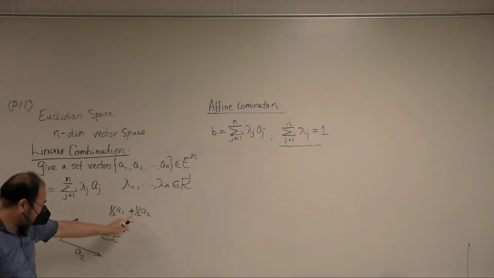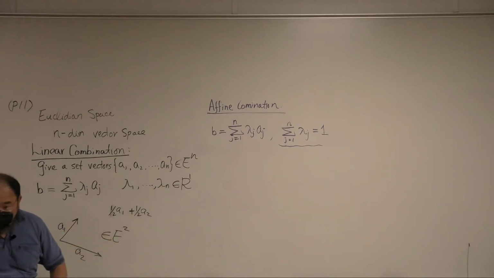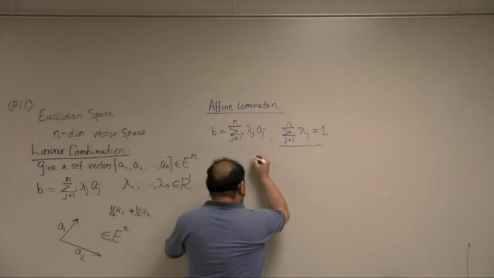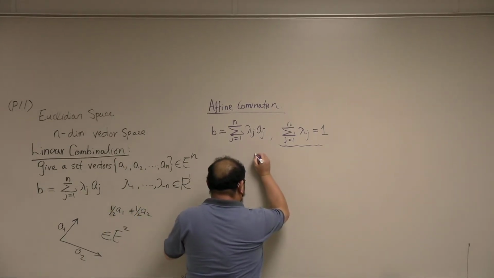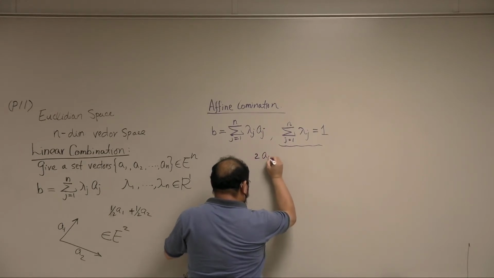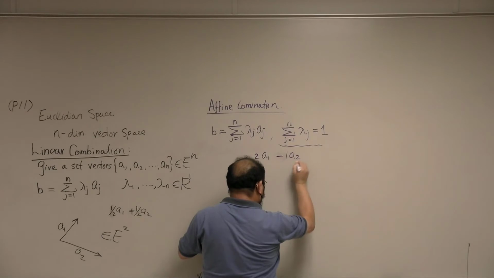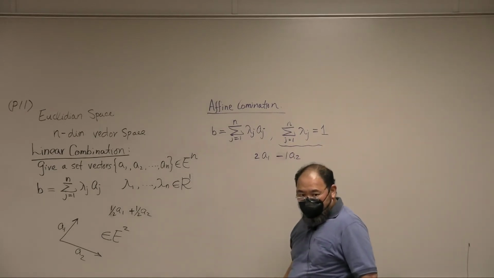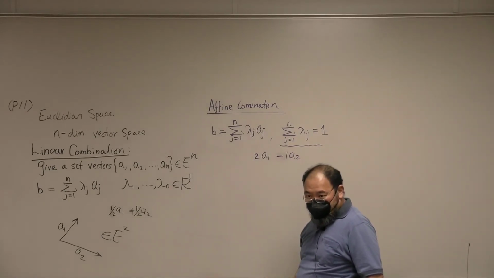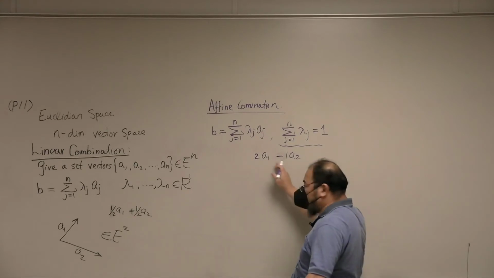Is half and half okay? Yes. Okay. How about 2 plus minus 1 A2? Is that okay? Yes? It adds up to 1, correct?